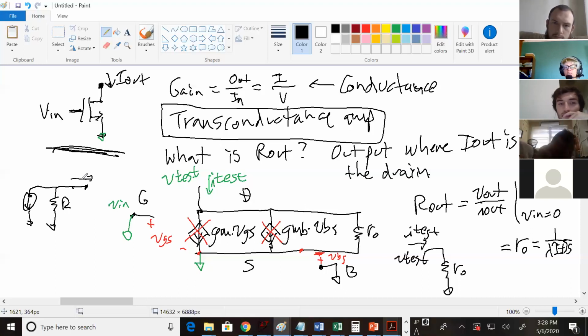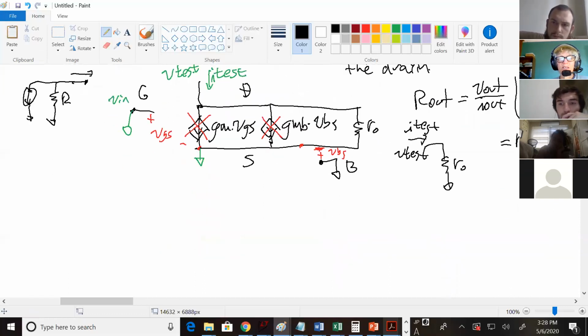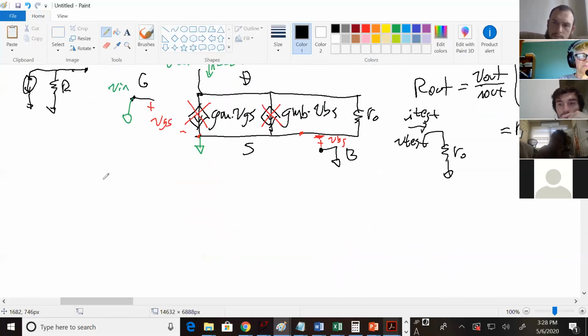Any questions on how we got to RO being the output for this transconductance amplifier? Okay, since we're there, let's do one more. This should be friendly now. Is that an amplifier?